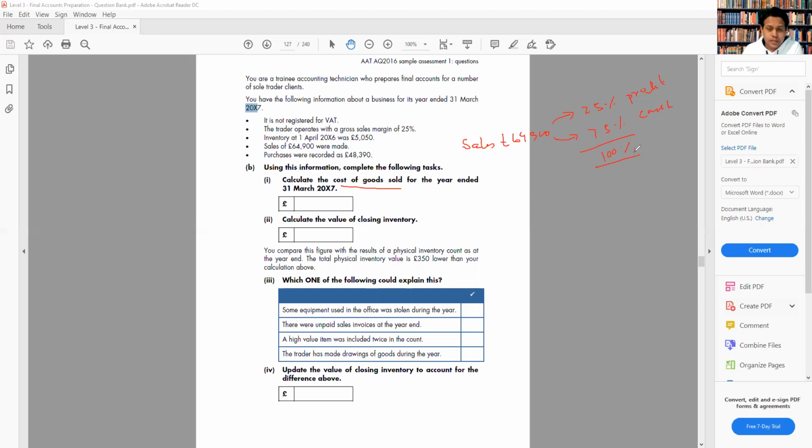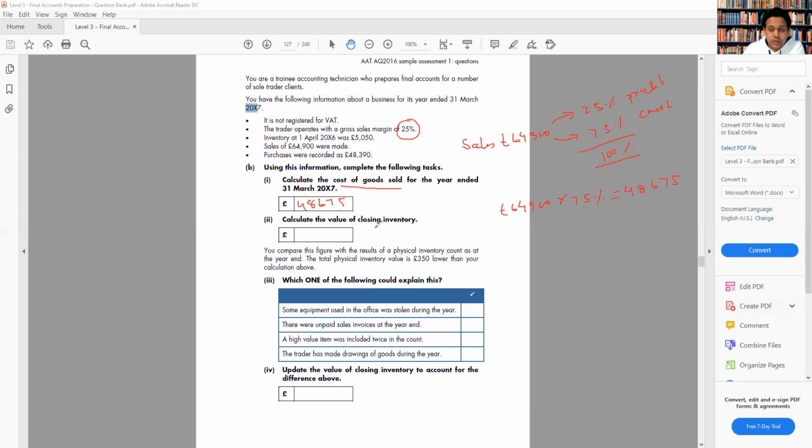Because if 25% is the profit, as the question said, that means 75% is the cost. So let's calculate the cost then: 64,900 times 75%. That gives me 48,675. So that's my cost of goods sold, 48,675.